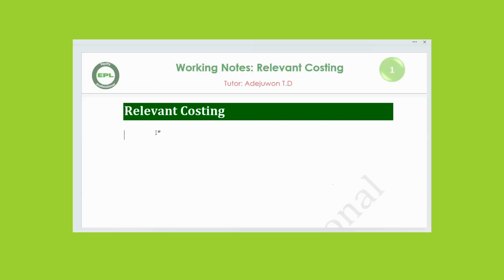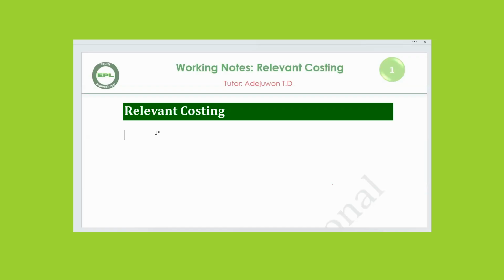All right. So what do you understand by relevant cost? Because not all costs are relevant for the purpose of making a decision. So what then is relevant cost? You can say that relevant costs are costs that are directly attributable to a particular course of action in making a managerial decision.